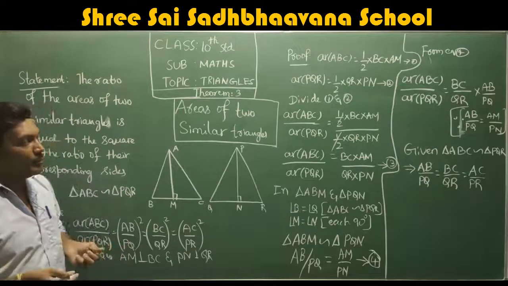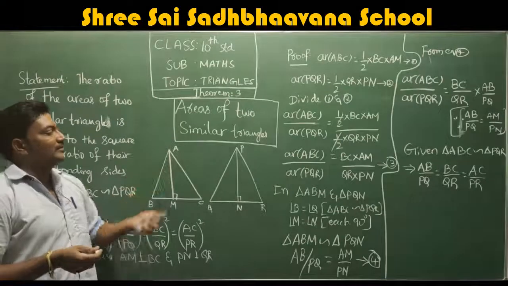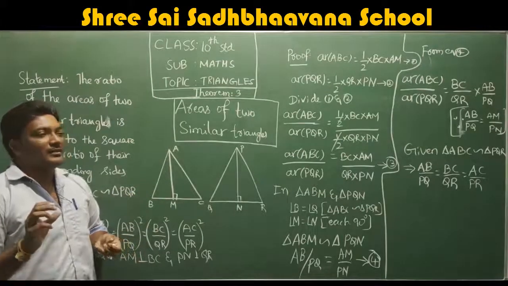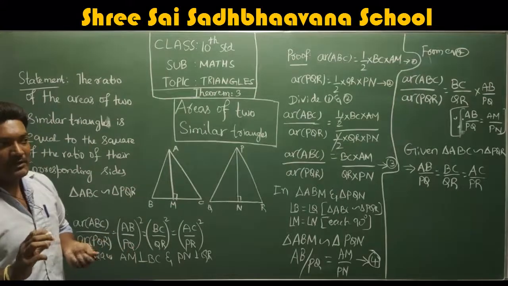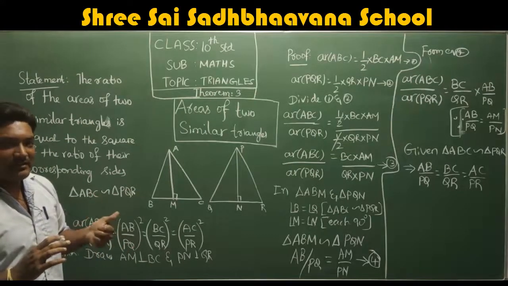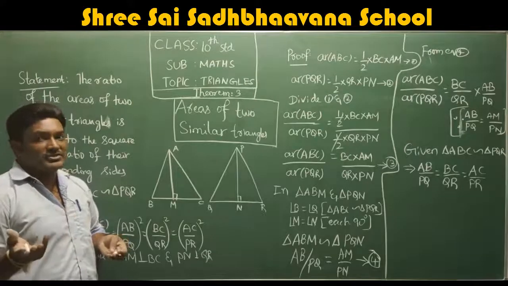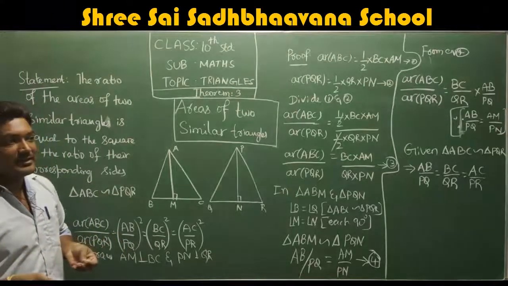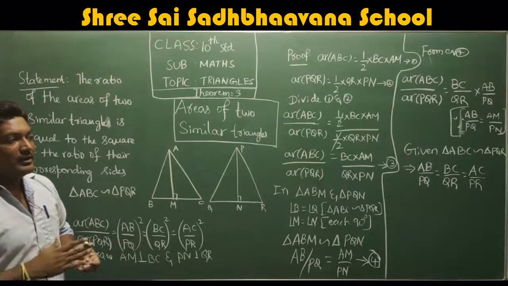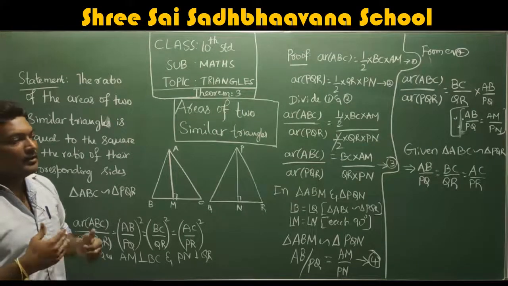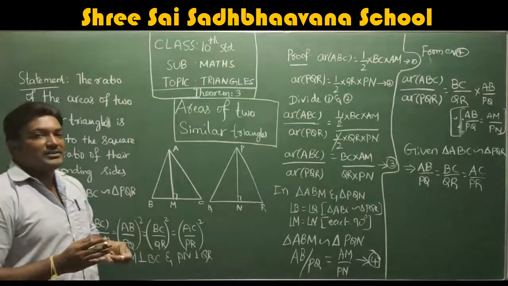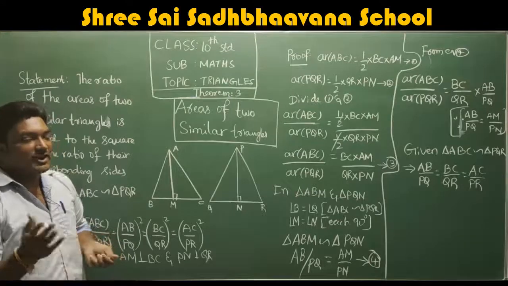This we discussed before. Before going to this theorem, you should know one criterion. As per your state syllabus, you need not learn the proof of that criterion, but you have to know at least the statement of it.